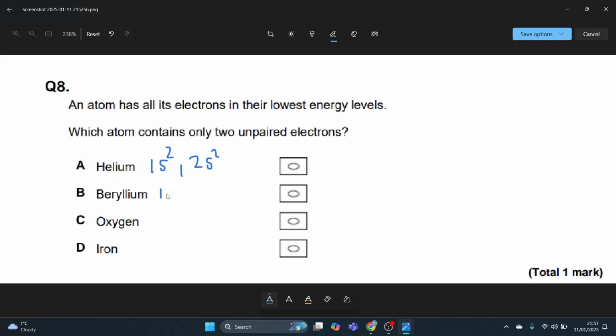Therefore, 1s2, 2s2. Oxygen has got 8 electrons. 1s2, 2s2, 2p4. Iron has 26 electrons.